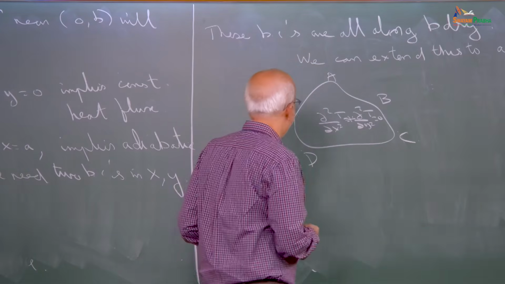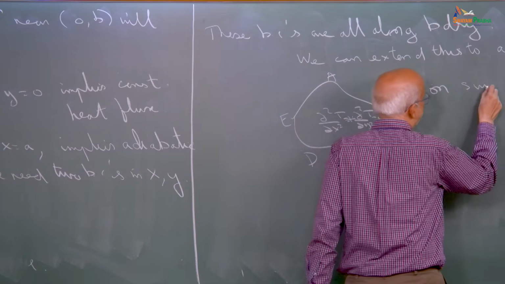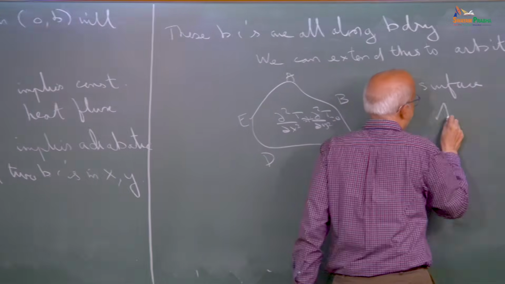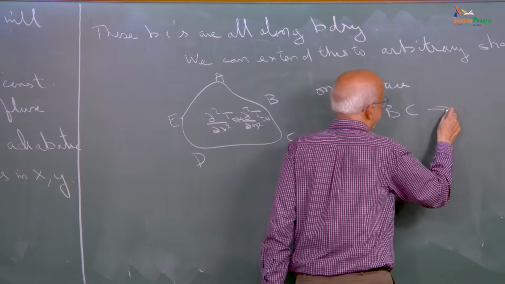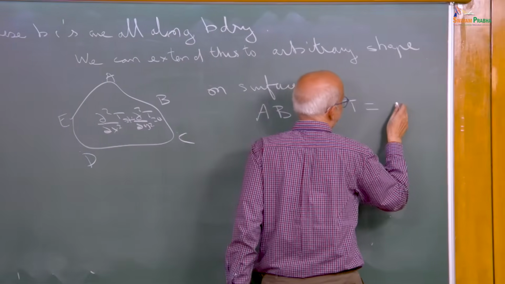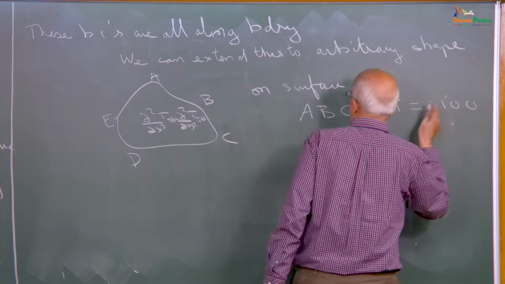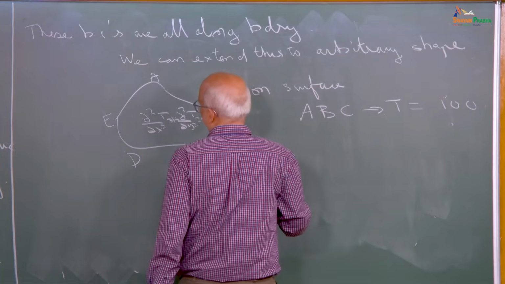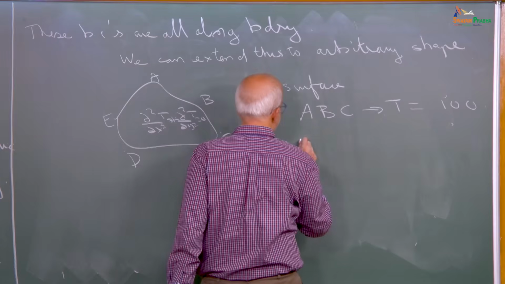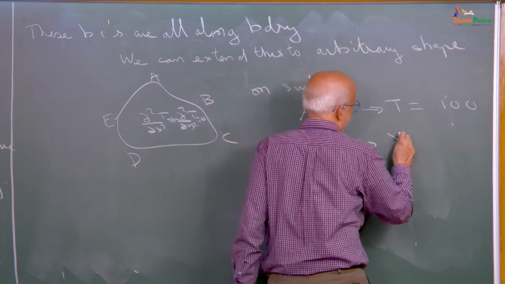Even if it is an arbitrary shape, I will say on the surface A, B, C, let us say temperature is some value, let us say 100, and on the surface A, E, D, C, let us say I have no flux.